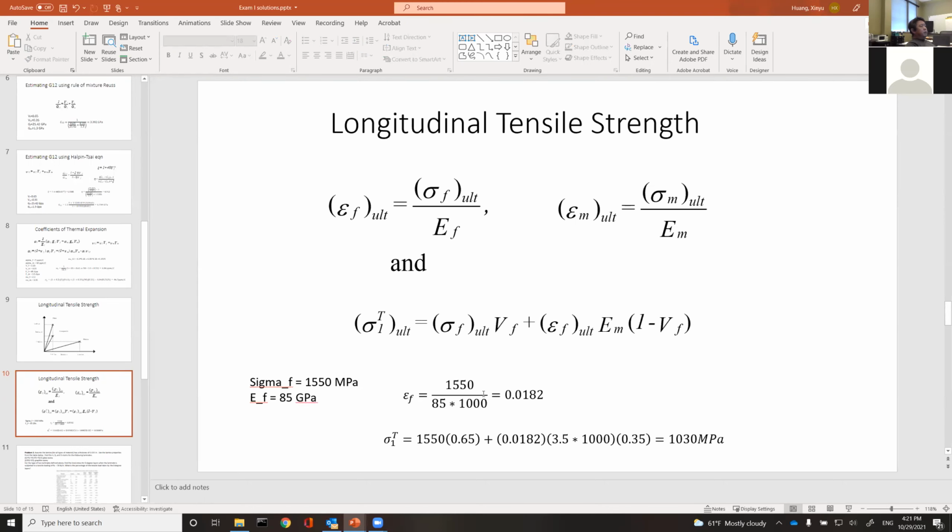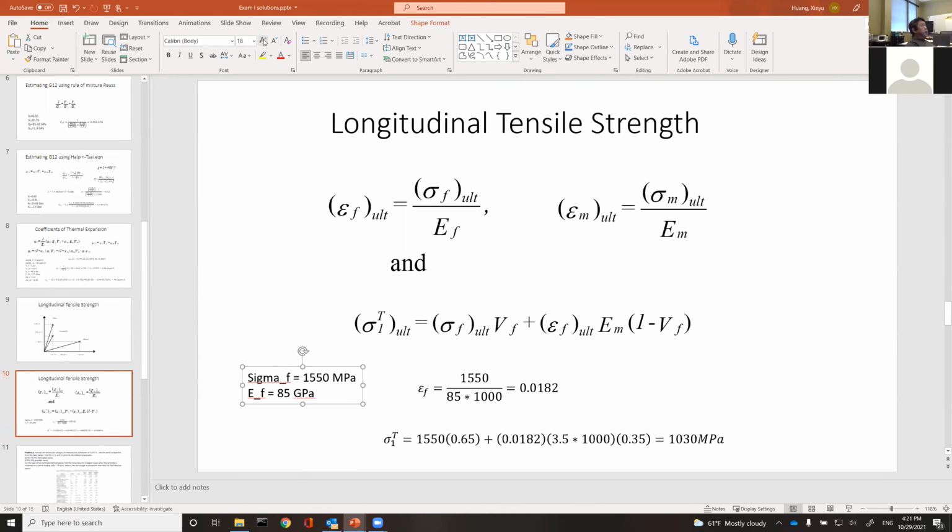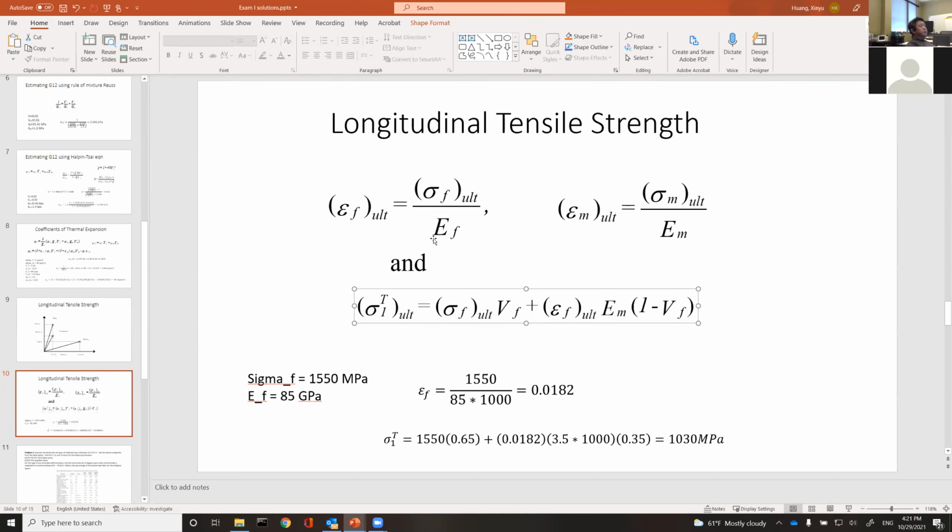So the ratio is the failure strain. It turns out that the failure strain for the fiber is 1.82%. All right. Now we have everything we need to predict the strength of lamina.